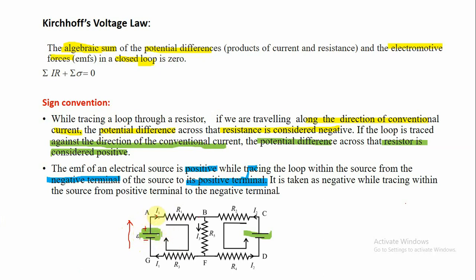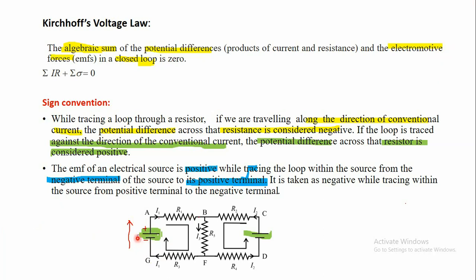And when I am tracing the loop like A, B, F, G, A, I will cross the negative terminal first and then the positive terminal. So when I cross negative terminal to positive terminal, I will take EMF as positive.